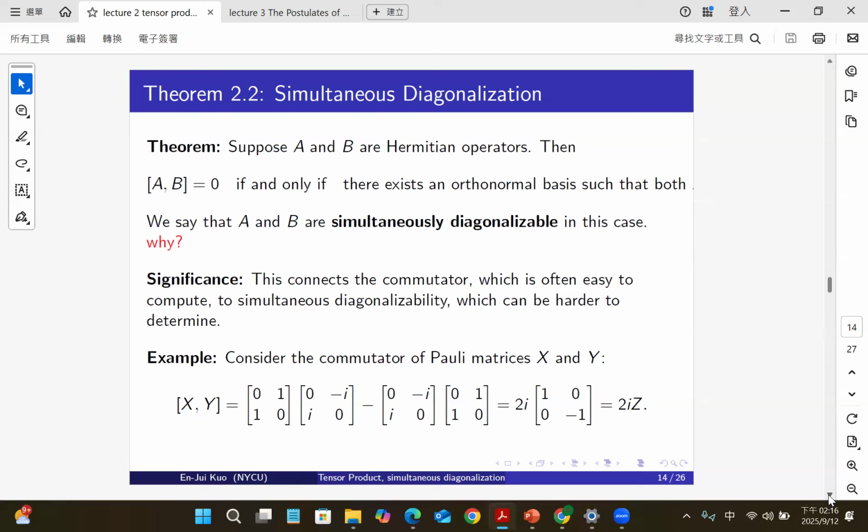I don't know how to test it, right? But I can do a computation. Once I do a computation and find it's not zero, I know it's not possible. 这个定理的意思就是说，如果你给我两个矩阵，我能不能知道他们会同时被同一组 basis 对角化？我并不知道他们可不可以，因为我不可能试遍所有的 basis，但是我可以算这个 computation，如果 computation 不是零就不行，是零就可以了。So this is non-trivial.